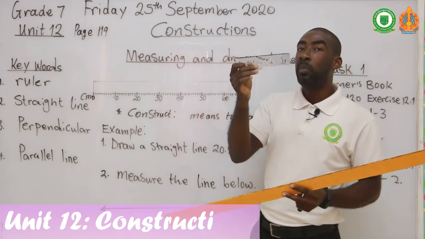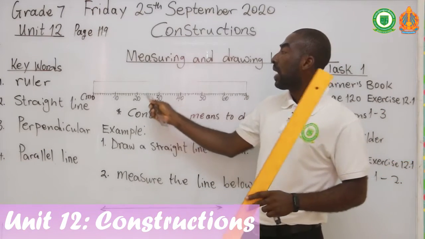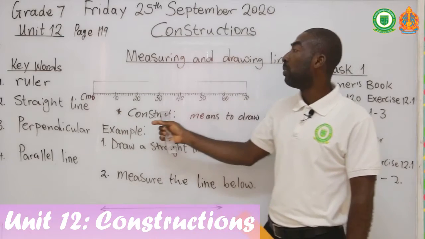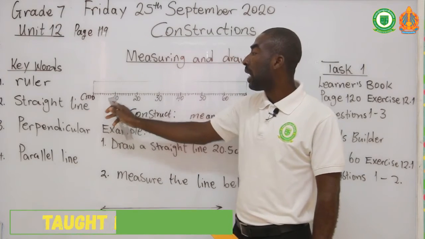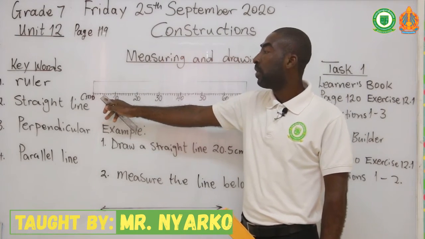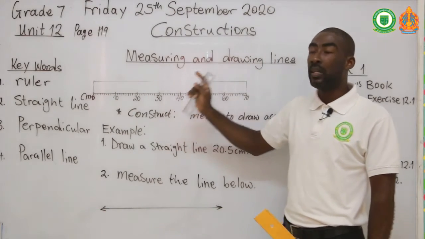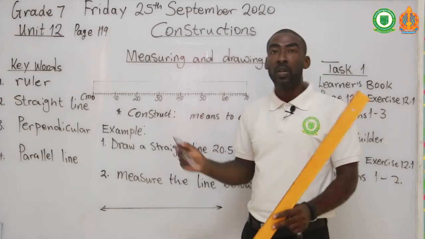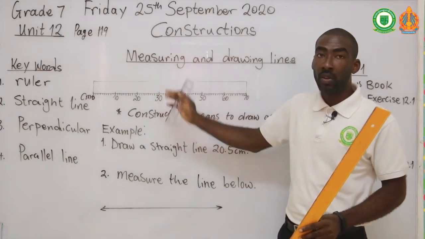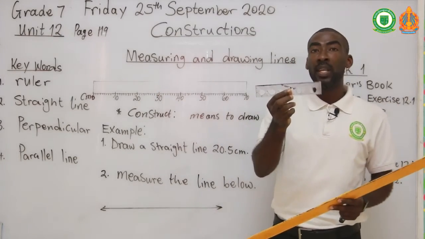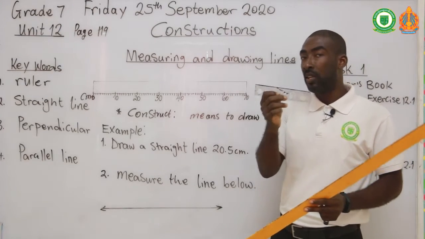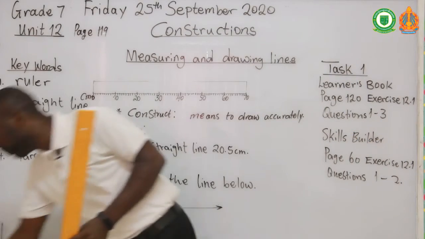What I have here only shows centimeters because it starts from 0 up to 10. So we have 1 up to 9 and 10 centimeters here. There are no millimeters showing on the ruler that I have on the board. But if you have this one, it shows your centimeters and your millimeters, okay?